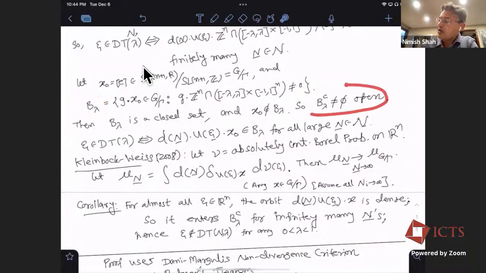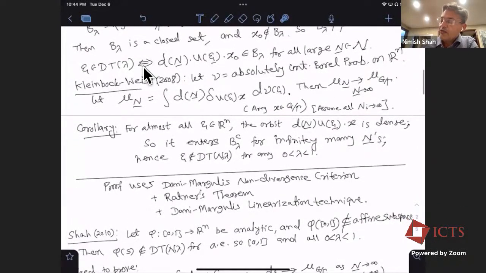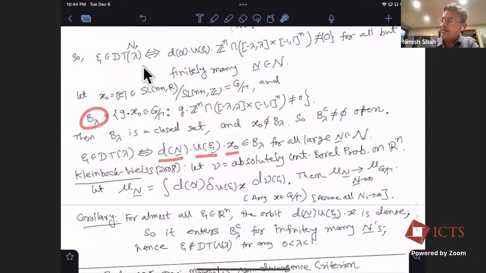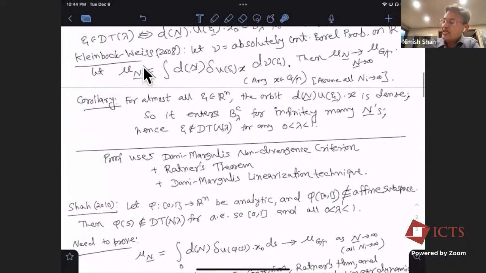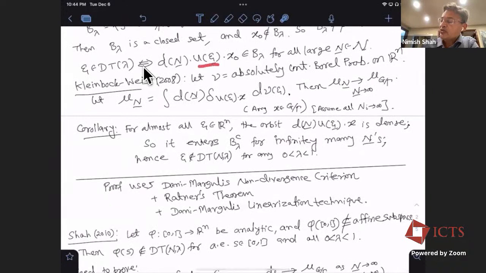So therefore, c is in D_t(lambda) if and only if d_n times u_c times x_0 belongs to this set B_lambda. So in other words, if you completely convert this question into something about G mod gamma, then all you say is that you take this u_c applied to the identity coset in G mod gamma, and then you apply this diagonal element, then that should belong to this B_lambda for all large n in script N, or all but finitely many n in script N. And that's all it means.